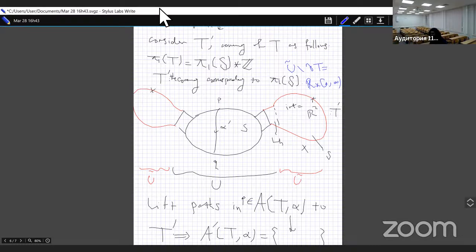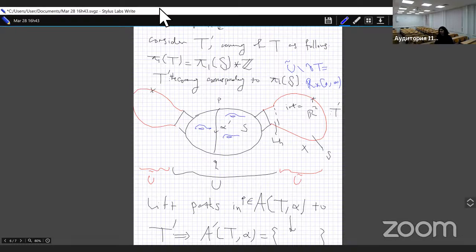S, the surface in the middle, is basically what is shown in this picture plus some handles: handle 1, handle 2, or something, but otherwise it's exactly what is shown in this picture.